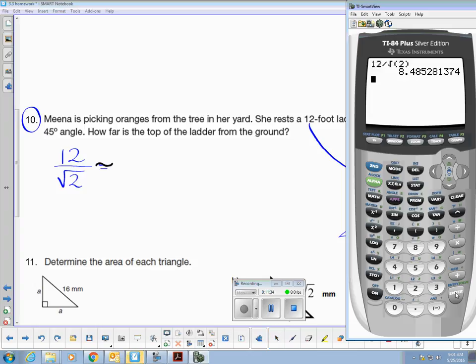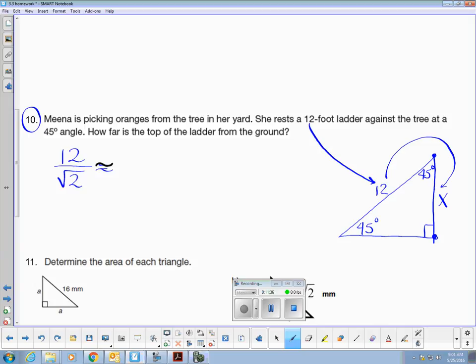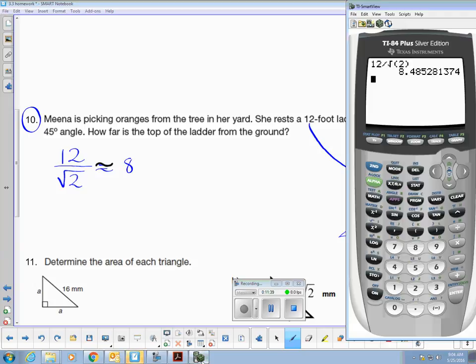And we say that that is approximately 8.5 feet.